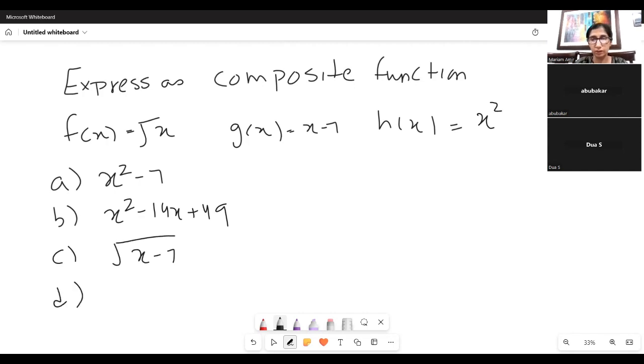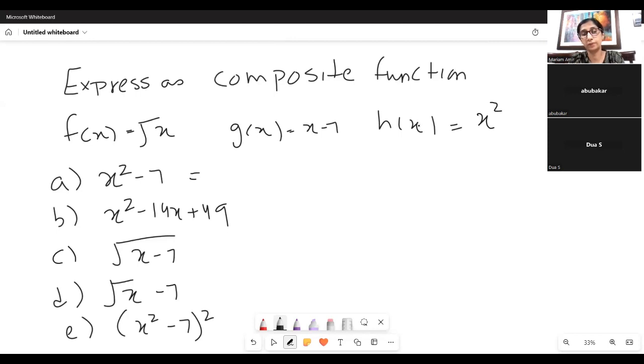And there's also a D, which is under root x minus 7. And there's also an E, which is x squared minus 7 whole. Okay. You have to write these as composite function.